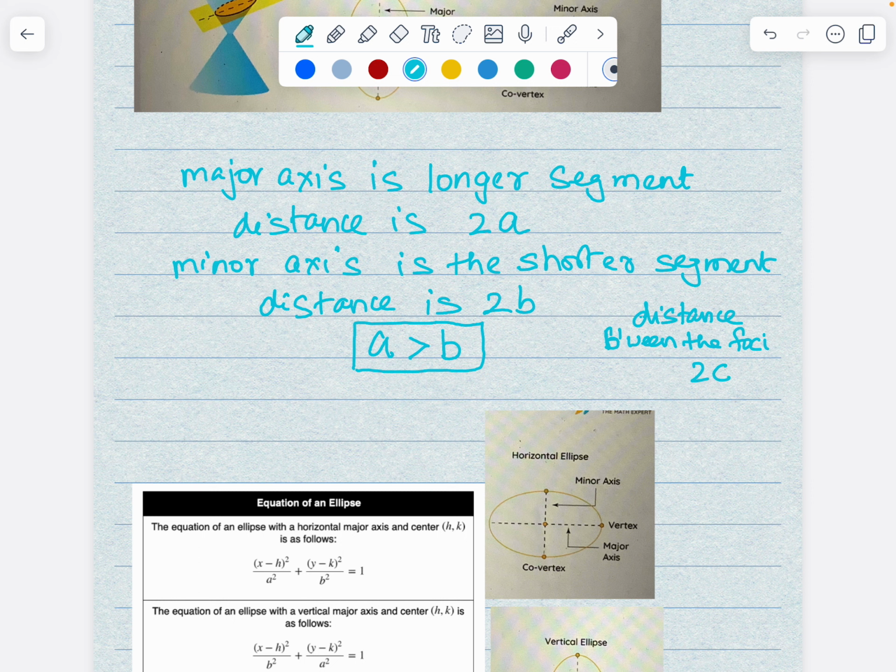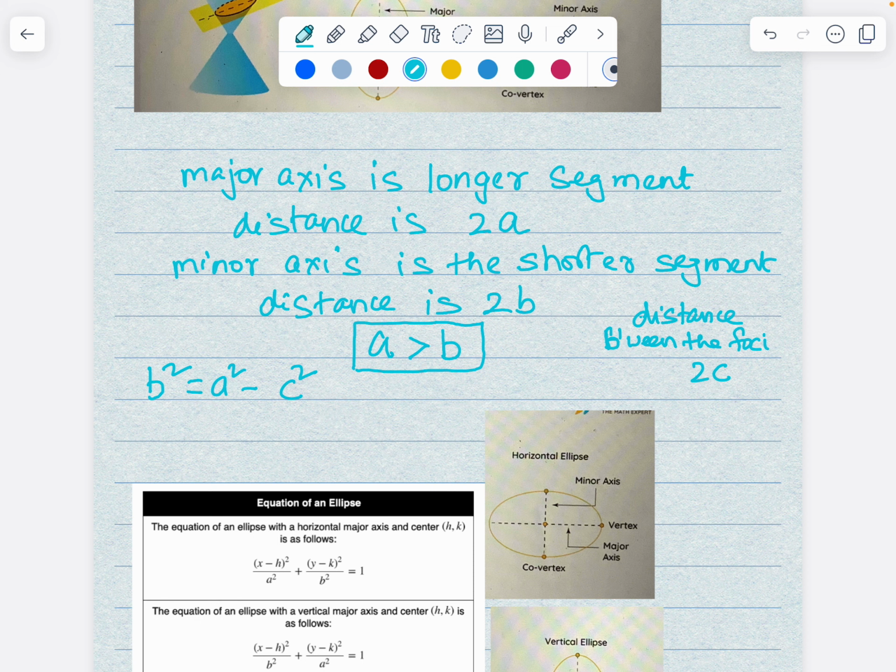Okay, so you have 2a, 2b and 2c. And how are all these three things related? It's related like this. Okay, so these are all the important things that you need to know.